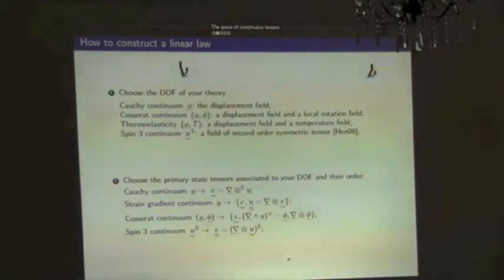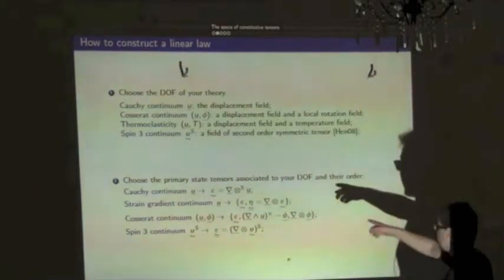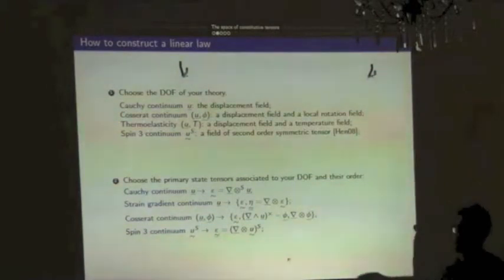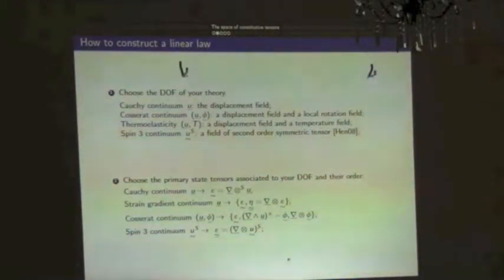You will choose some tensors that measure how your matter is locally transformed by the action of your physics. In Cauchy continuum, you will add to your degrees of freedom a strain tensor, which is constructed as the symmetric derivation of your displacement field.